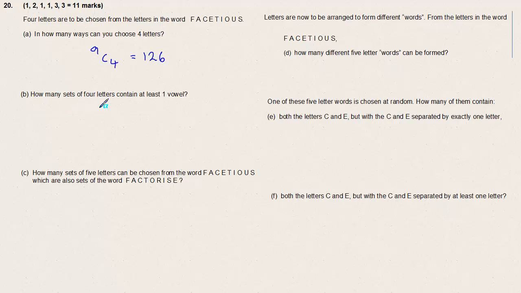How many sets of letters contain at least one vowel? Well, we can look at the case of one vowel, 2 vowels. How many vowels do we have? 1, 2, 3, 4, 5. So we could have up to 4 vowels. But that's a complicated way of doing it. So let's look at having no vowels at all.